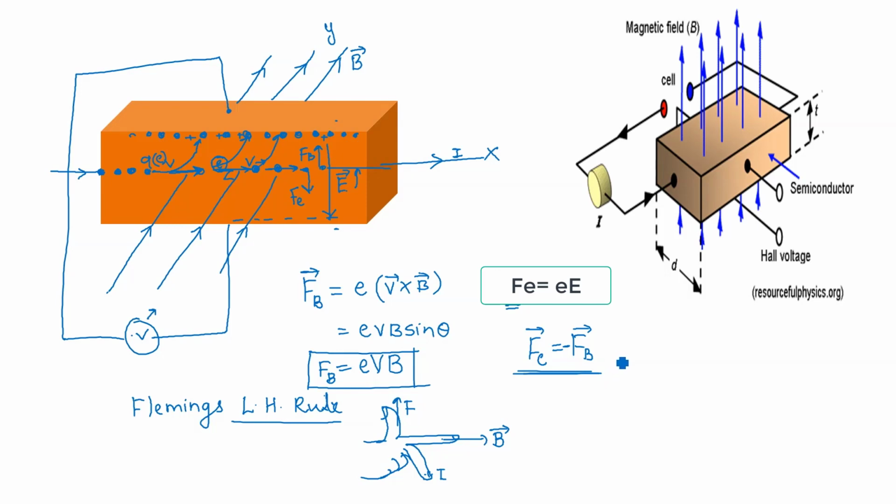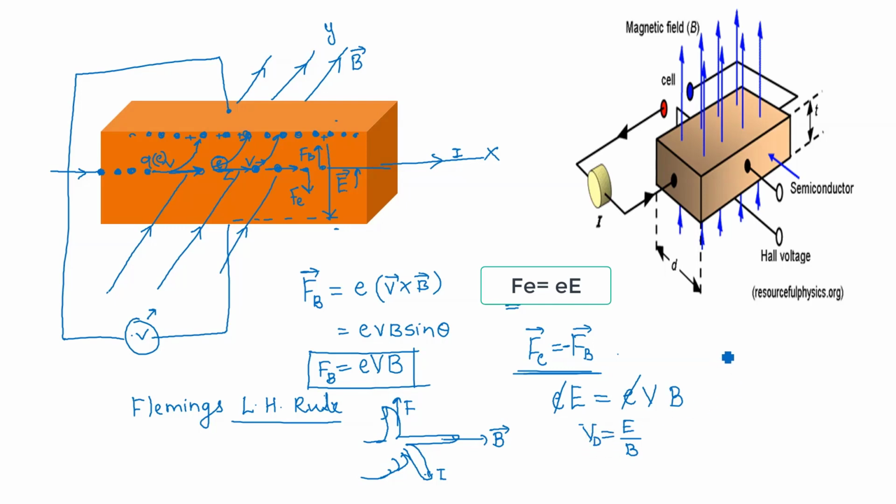Where equilibrium is reached, let's put in their values and see what we get. The electric force e into E is equal to the magnetic force eVB. On both sides I cancel the charge e, and I get V equals E upon B, and this velocity is nothing but the drift velocity.